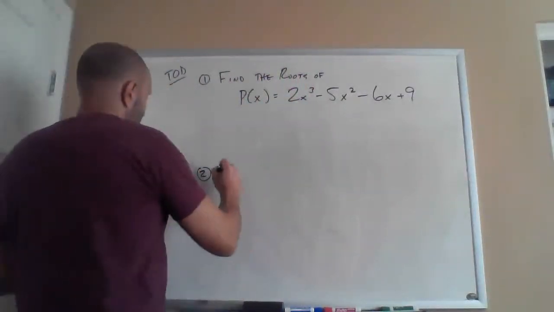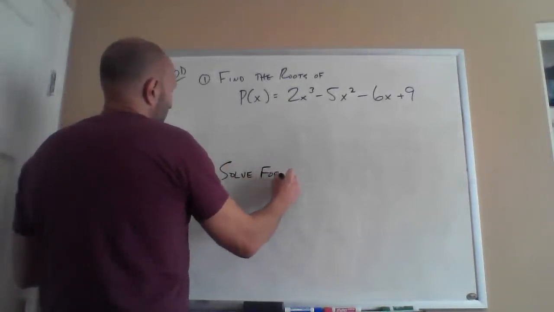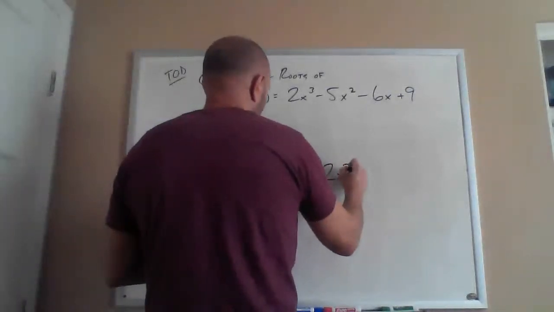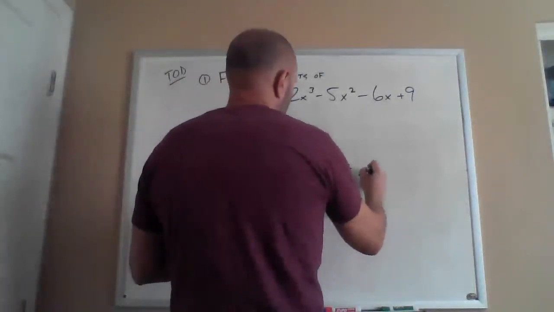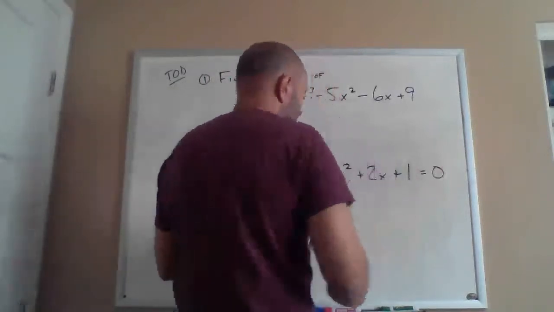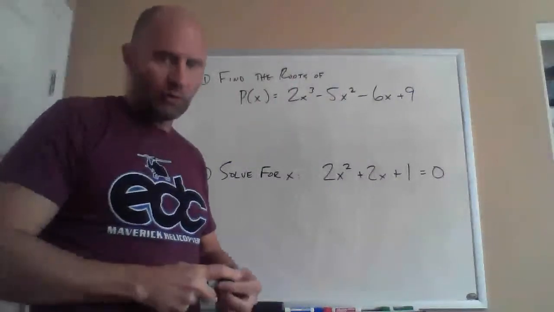Number 2, solve for x. You have 2x squared plus 2x plus 1 is equal to 0. So go ahead and try those.